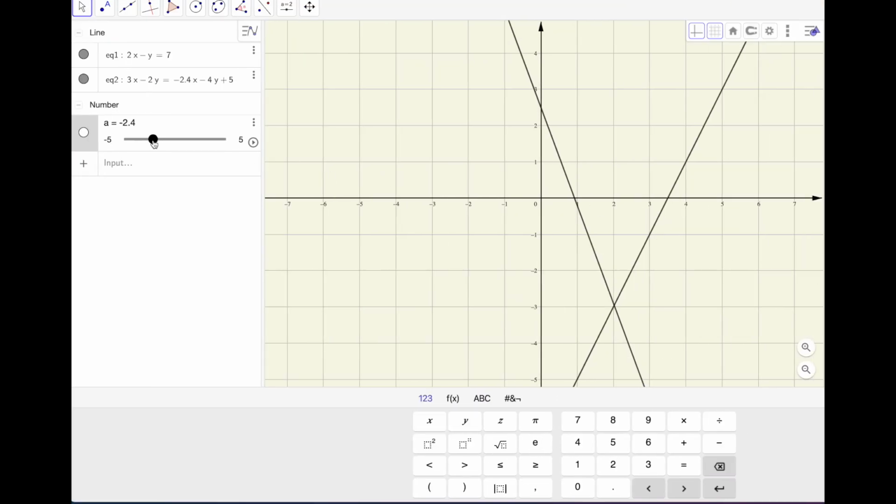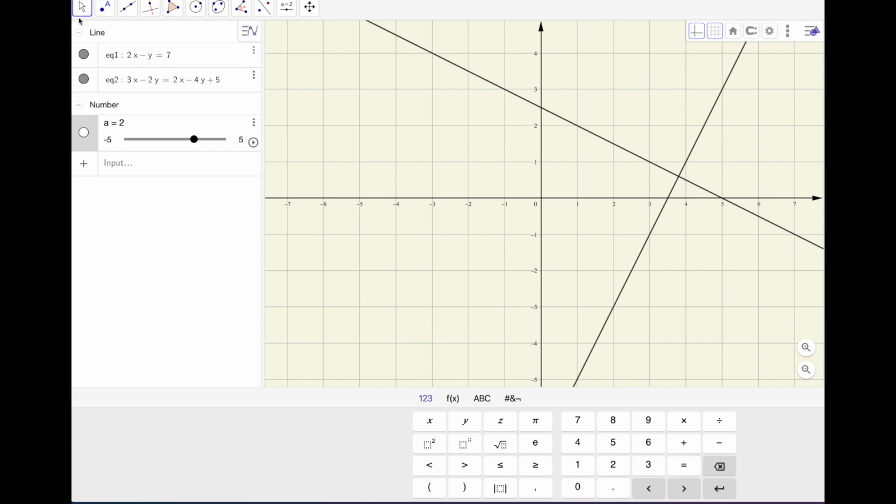Let us increase this so that this value of a, now the value of a you see is minus 2.4 here, and then of course even by your eyes you can see that they are not perpendicular. But let me increase it to positive 2. If our prediction is correct, when a becomes exactly 2, they are perpendicular. And then let us see what happens. So this is exactly when a equals 2. Of course, according to what we see, it's reasonable.